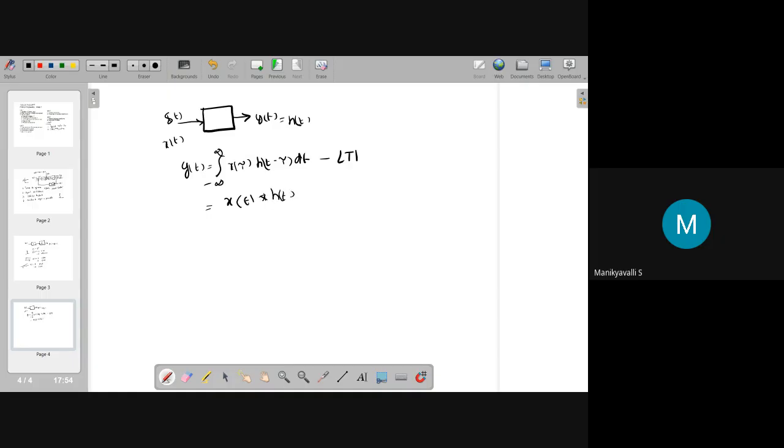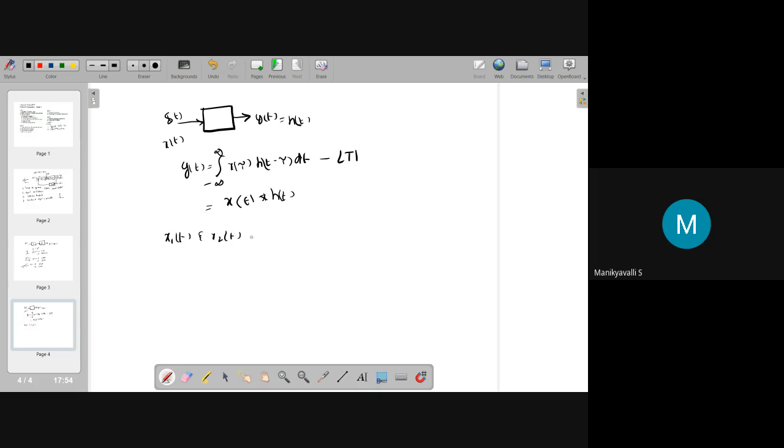Okay, let's have some example problems. Let us suppose you are having two signals. This is pretty similar to the convolution integral, where x1 of t and x2 of t are two signals.